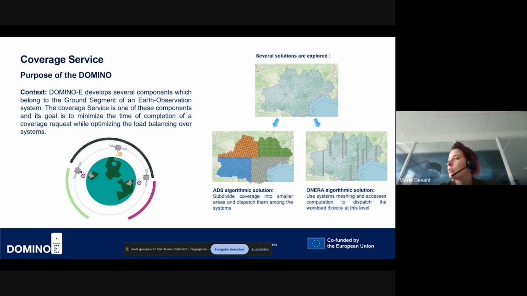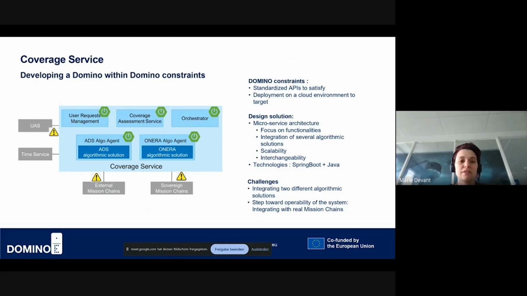To give you a quick look at the algorithmic solutions, the ADS one will subdivide the whole area into smaller areas and dispatch them among the systems. The ONERA algorithmic solution uses meshes and access computation to dispatch the workload directly at the mesh level. So it's more precise, but maybe a little less robust. They will talk about it later. If we can switch to the next slide, I will talk a bit more about the cover service application, which integrates the two algorithmic solutions.